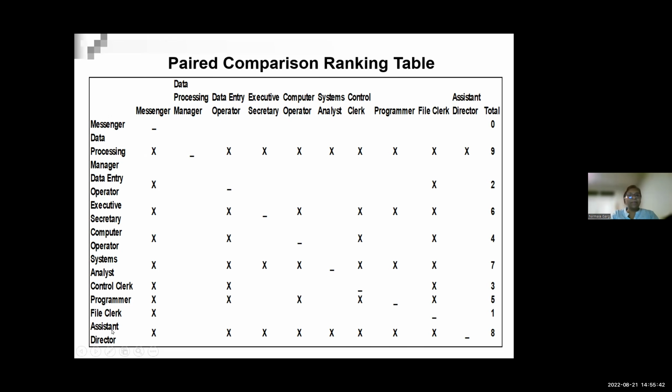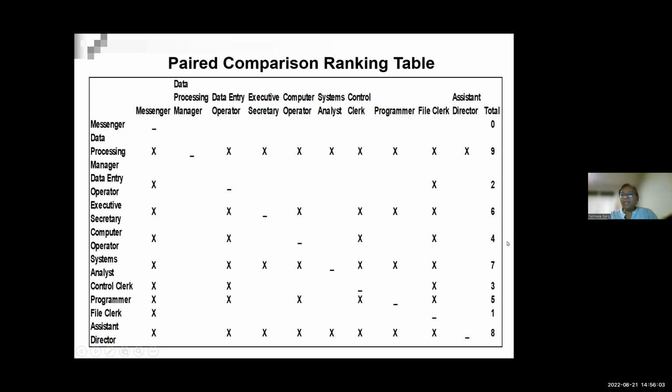Like, for example, assistant director, the compensation committee is evaluating it. Assistant director, is it higher than messenger? Yes. Then is it higher than data processing manager? No. So there is nothing here. Is it higher than data entry operator? Yes. Is it higher than executive secretary? Yes.